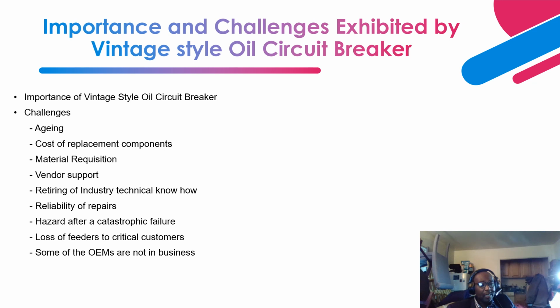So vendor support sometimes can be very choppy, and you'll be lucky if you find a vendor to provide the support that you need. Sometimes in performing an investigation, or when these oil circuit breakers fail to operate, you have to tap into these OEMs, and if the OEM is not around and does not support the breaker, that's the challenging part.